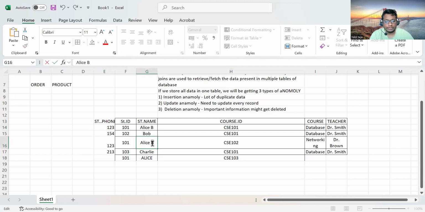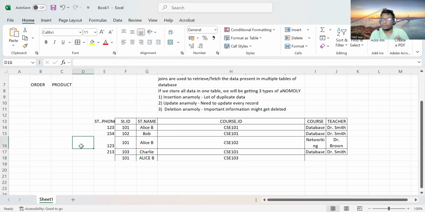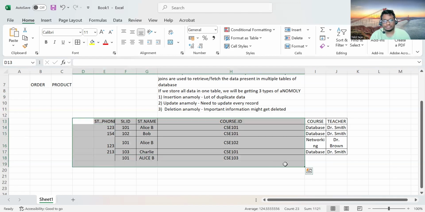I have to change the name in each and every record, so it will take a lot of time, because we have to update each and every record in which the particular data is present. So again, in order to tackle this problem, we will be using joins.